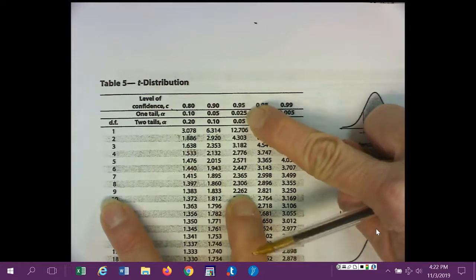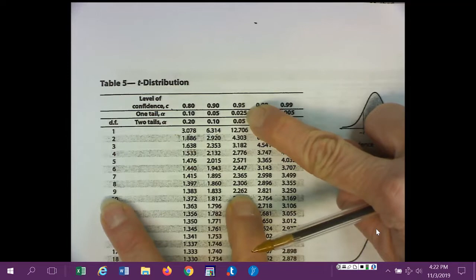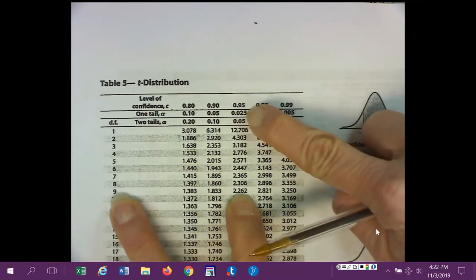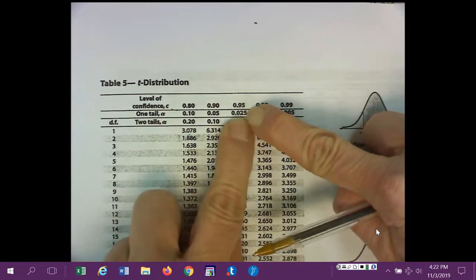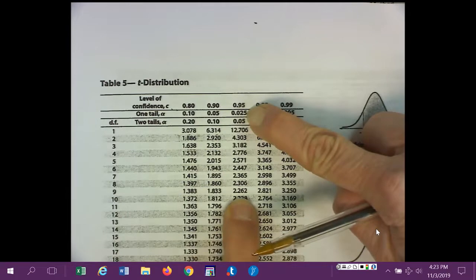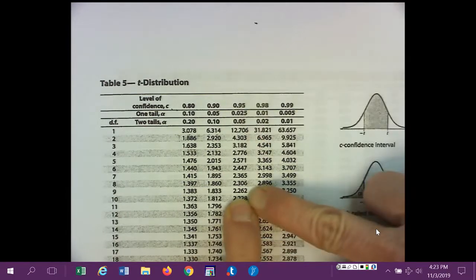We just make this negative, a negative 2.262 as our critical value. So row 9, degrees of freedom, not row 10, and this column 0.025 in the 1 tail alpha row because it's a left tail t-test. Look up your alpha here, and that was our given alpha, row 9. And we have to know more than the table that this is a left-tailed t-test, so we're going to have to make that a negative.